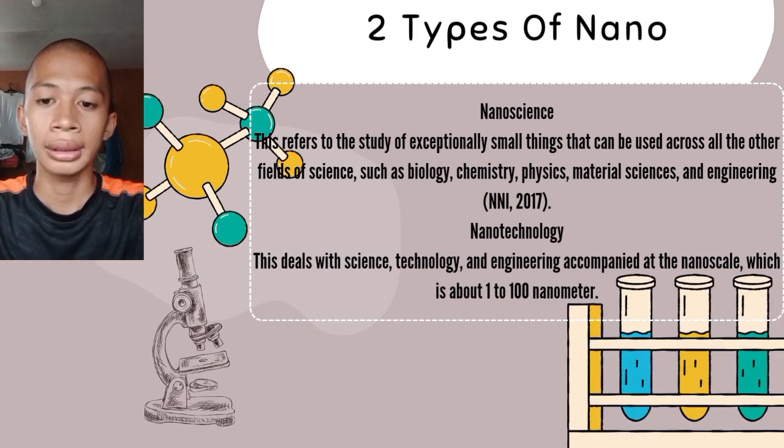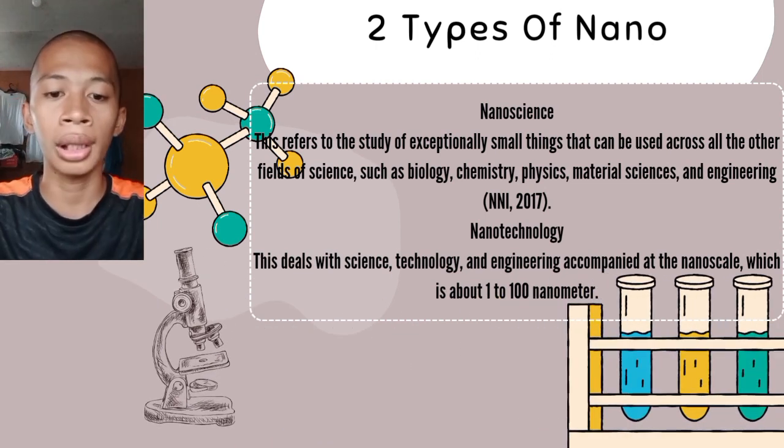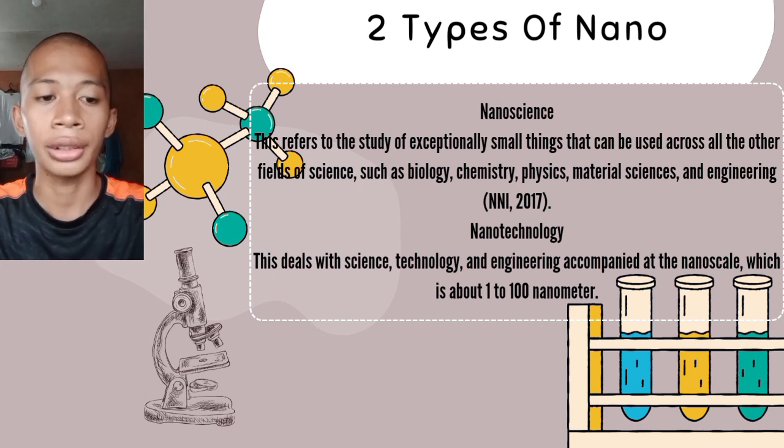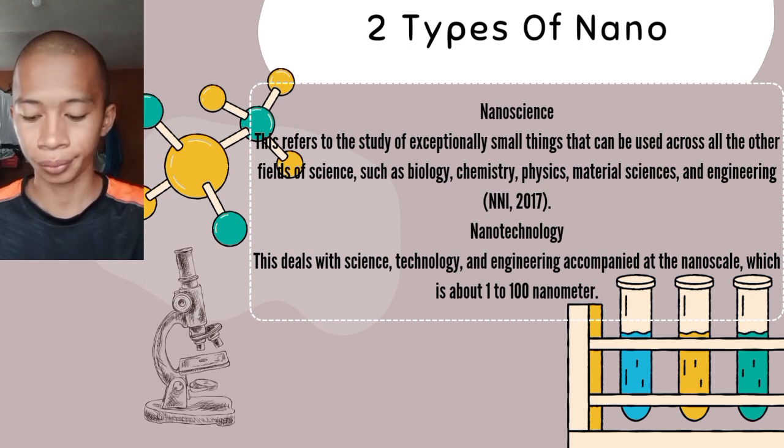Technology. Nanoscience. This refers to the study of exceptionally small things that can be used across all the other fields of science such as biology, chemistry, physics, material science, and engineering.